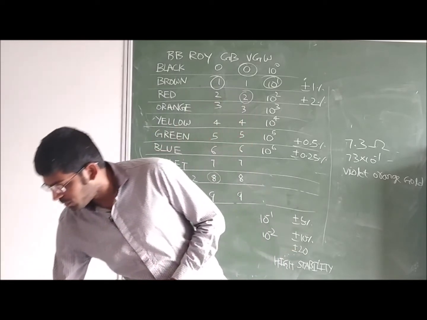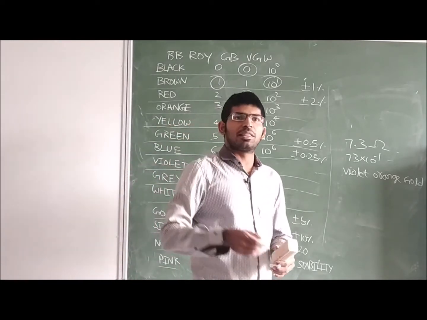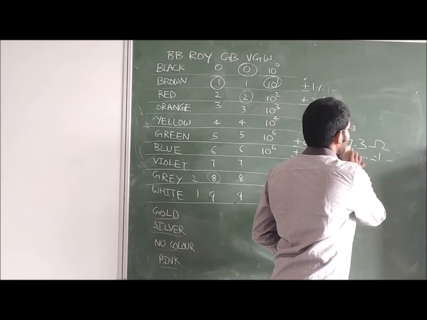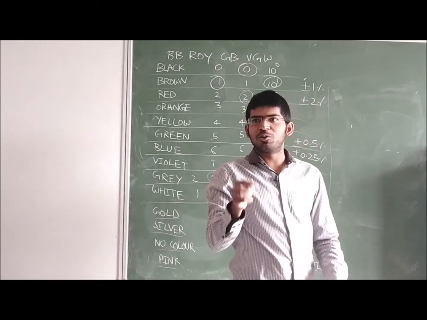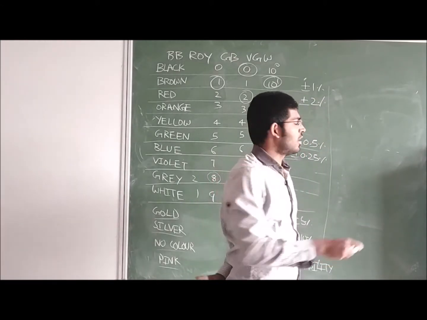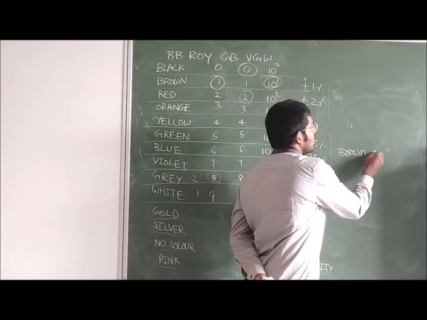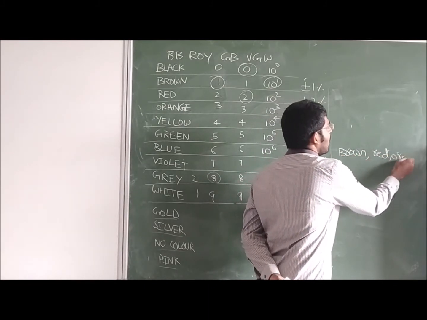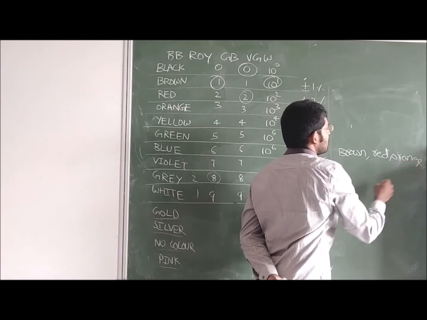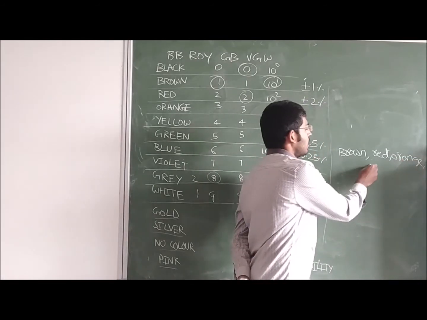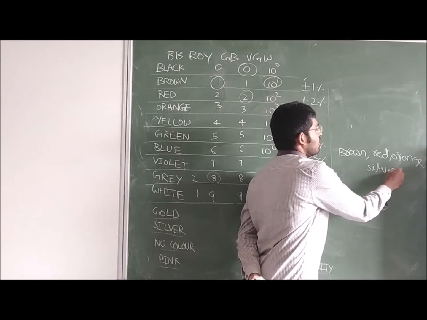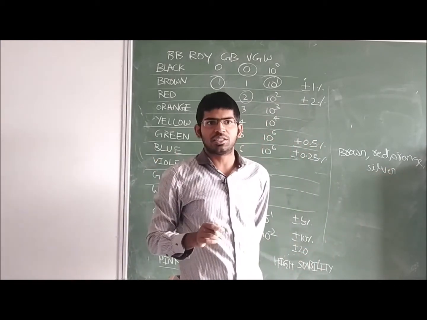Now we will switch the method. This time I will give some colors, you tell the value. Brown, red, orange, silver. 4 band resistor.